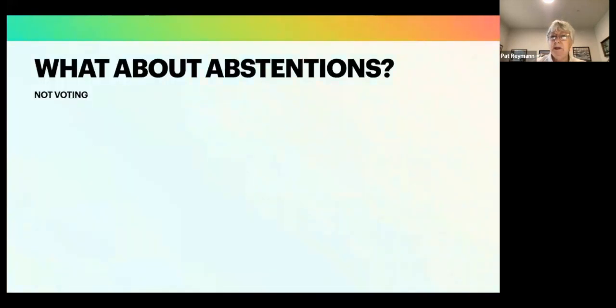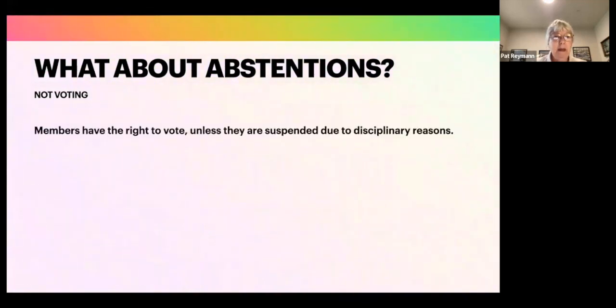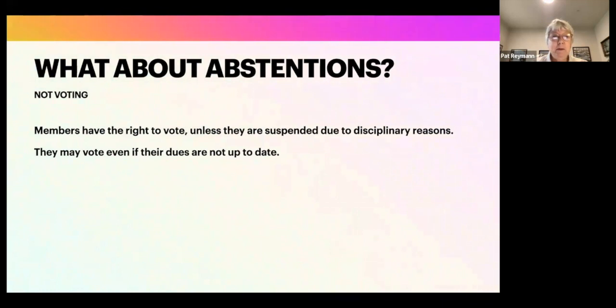What about abstentions? An abstention means that somebody just chooses not to vote. And it can be for any reason whatsoever. We don't bother about it. Members do have the right to vote unless they are suspended due to disciplinary reasons, and you probably don't run into that very often. I don't. People may vote, though, even if their dues are not up to date.